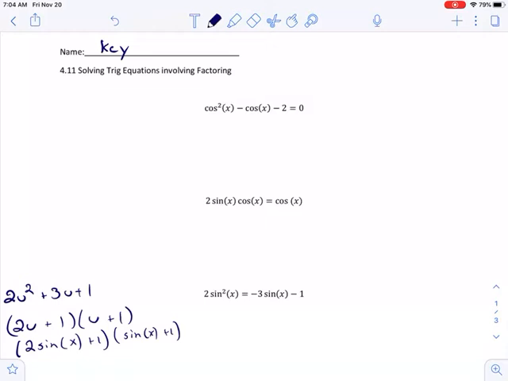For this, I would use a process called u substitution, in which I say, okay, if that cosine of x is a little bit tricky for me to wrap my head around solving, if I write that as just u, then this problem can be written as u squared minus u minus 2 equals 0. And this is a quadratic that I can easily factor.